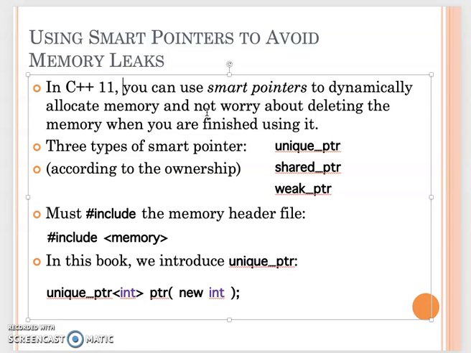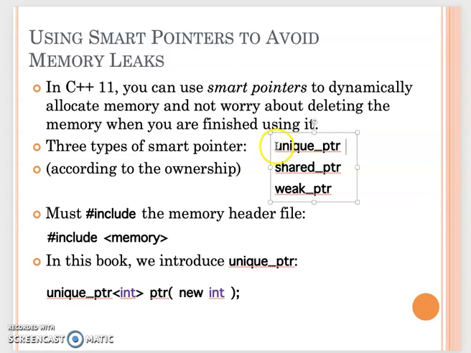There are three types of Smart Pointers: unique_ptr, shared_ptr, and weak_ptr, according to ownership. But in this class, we only talk about unique_ptr.